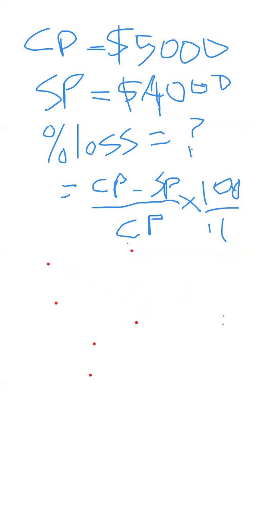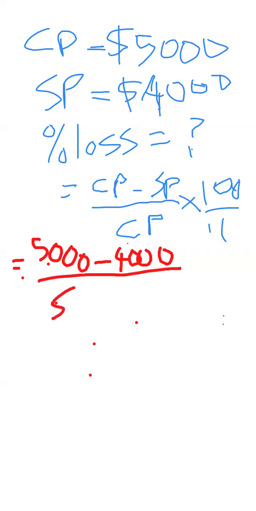Okay, let me try this. Okay, so this was what I wanted to write. 5,000 minus 4,000, right? Divided by 5,000, okay? Times 100 over 1, okay?